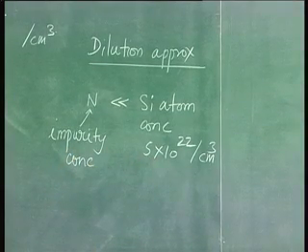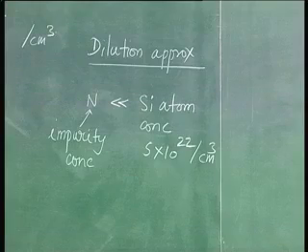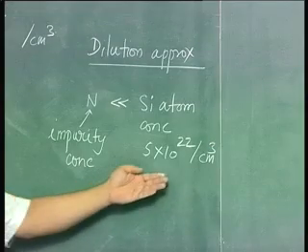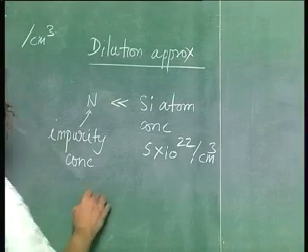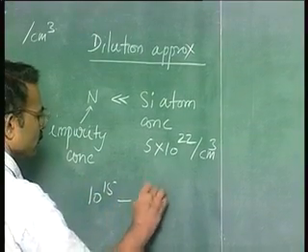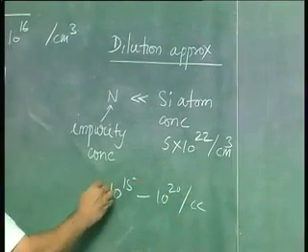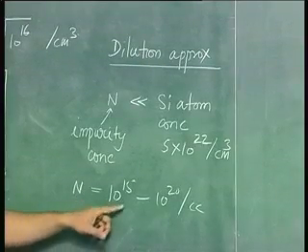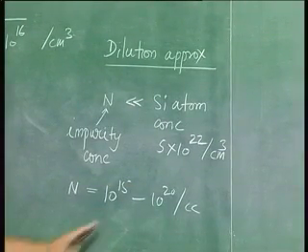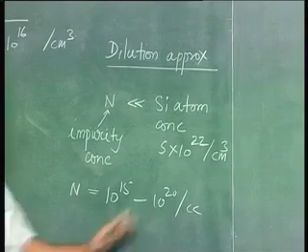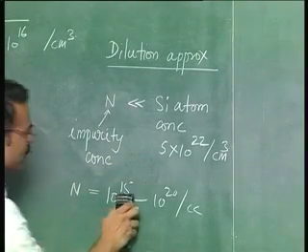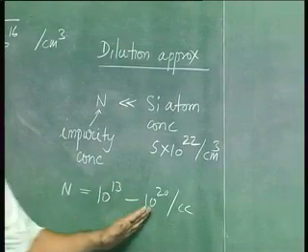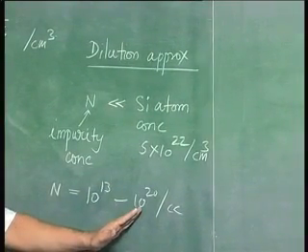So you have impurity doping in the range of, say, 10 power 13 to 10 power 20. That is the kind of range we are talking about for N. Okay, N lies in the range 10 power 13 to 10 power 20; in fact, this 10 power 20 is at the higher range.